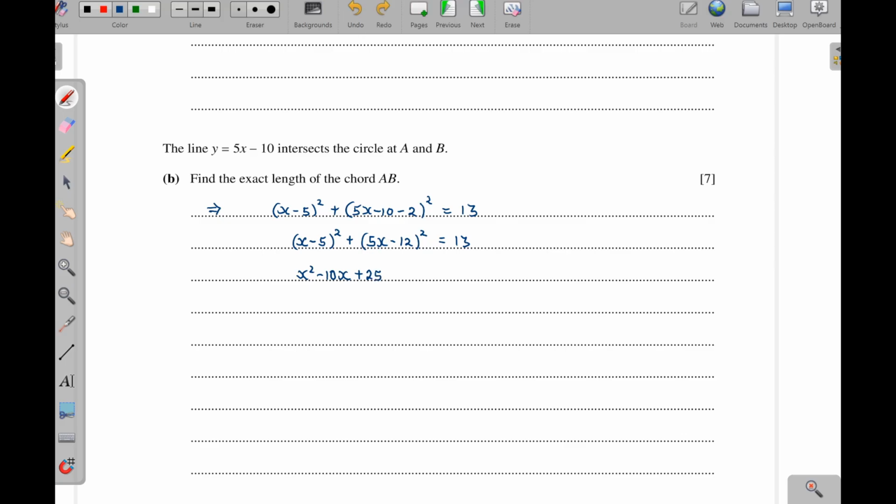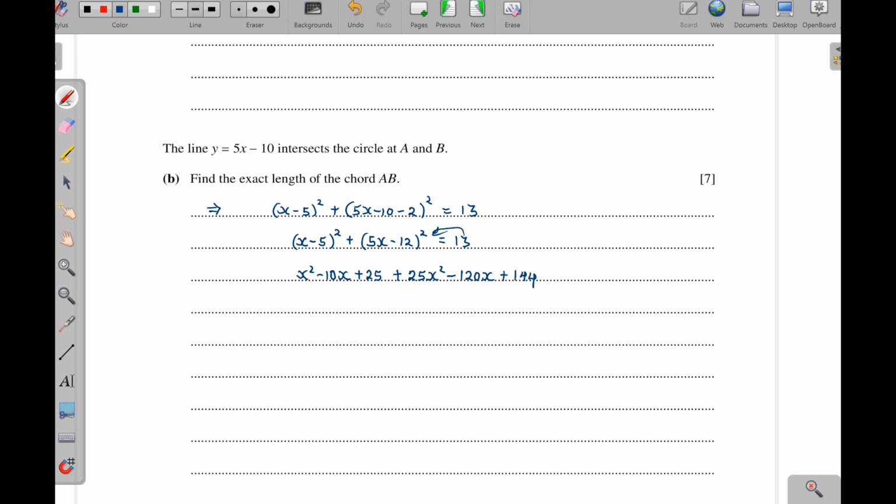Then square the 5x, this one will be 25x squared, then 2 times 5, that will be 10 also, then times 12, we get negative 120x, and then we square the minus 12, we get 144.